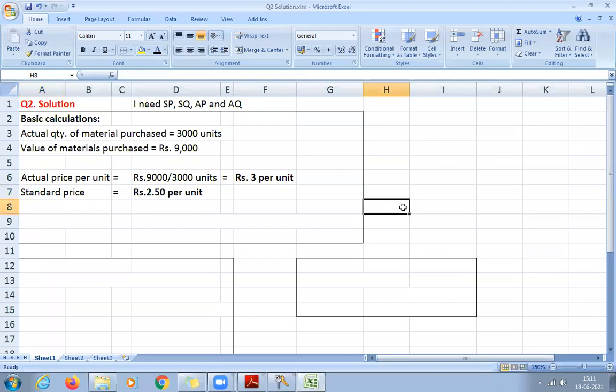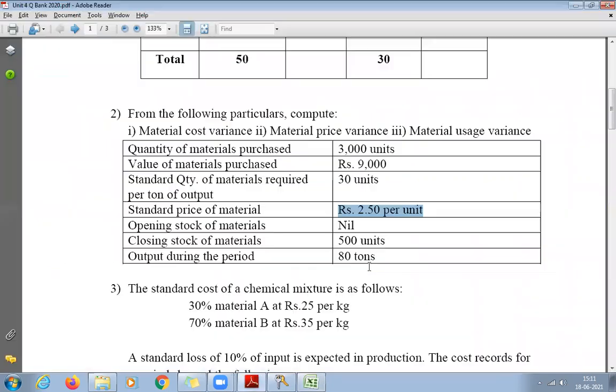Next, what do I need? Quantity: standard quantity and actual quantity. How do we calculate the standard quantity? I know the output is 80 tons, and 30 units are required for producing 1 ton. So these two you have to multiply, 30 into 80.